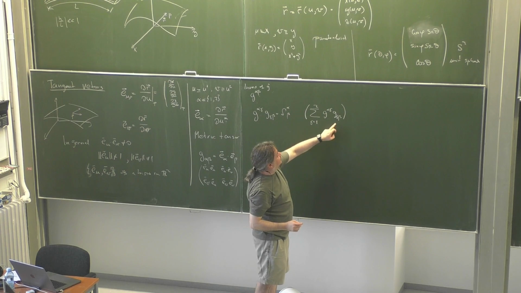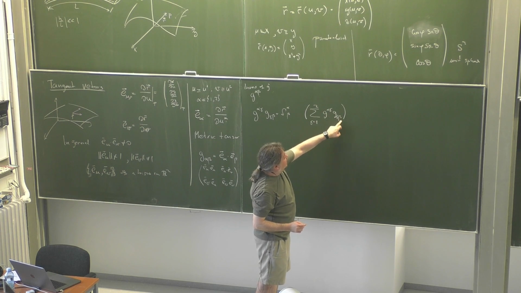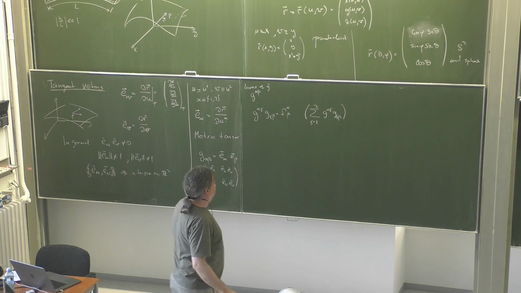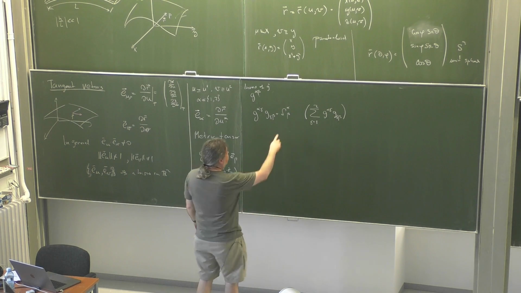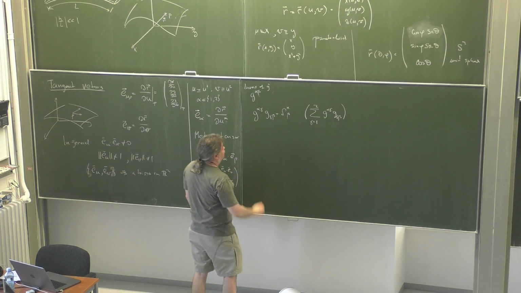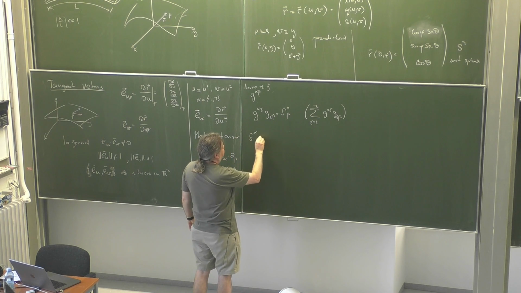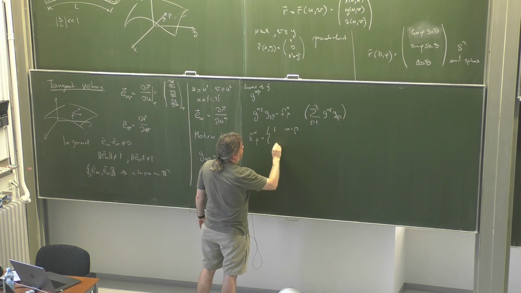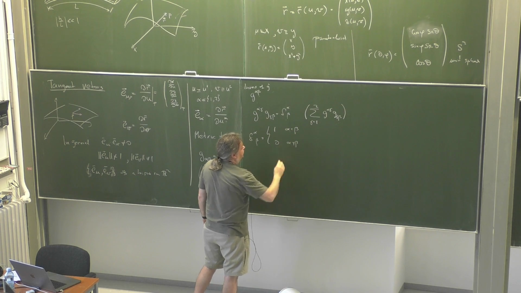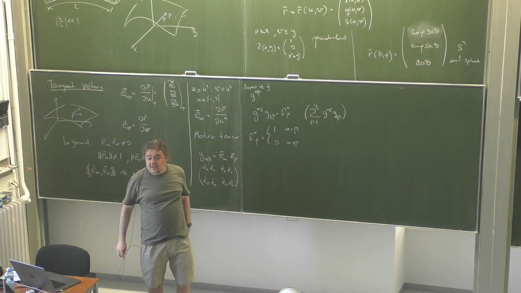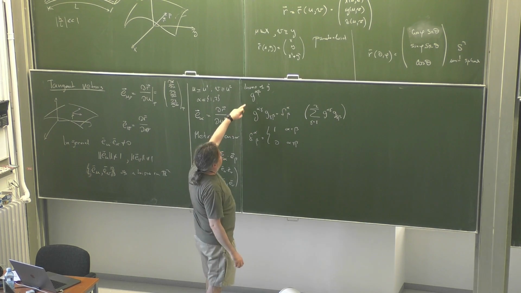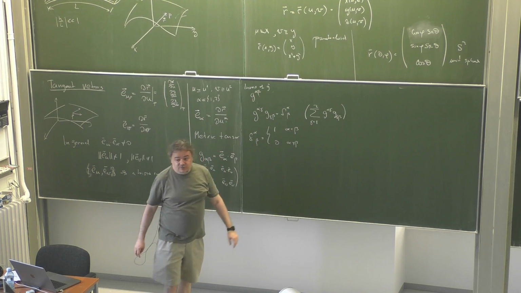So G alpha 1, G 1 beta plus G alpha 2, G 2 beta, and so on, right? And this in here is the Kronecker delta symbol. So Kronecker delta symbol just means that this is 1 if alpha is equal to beta, and 0 if alpha is not equal to beta, right? So in that sense, this allows me to define the inverse of a metric tensor.